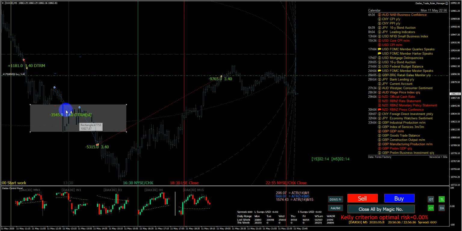If somebody is using triangles or flags or wedges or stuff like that, then basically this is some kind of a triangle. I forget the other name for it.